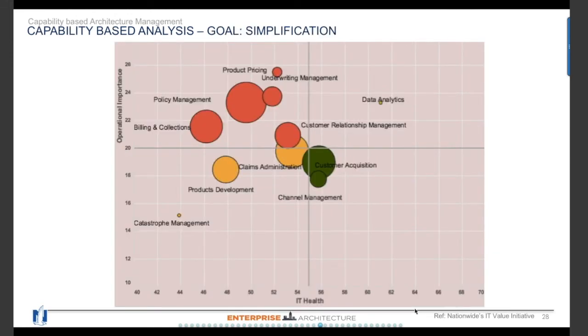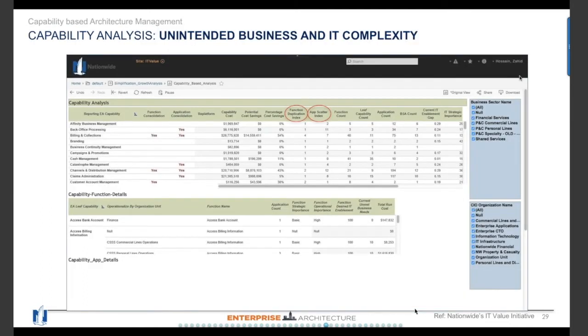So let's look into the simplification, and let's take billing and collection. This one specifically shows a lot of the details. For the billing and collection capability, on the top you have the function duplication complexity and application scattered index.